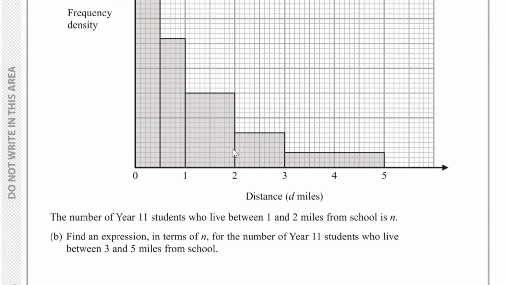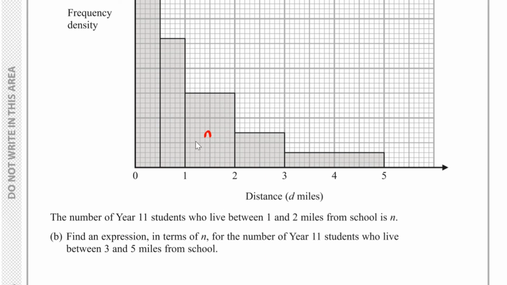So between 1 and 2, the number of students here is n. And if I show that, here we've got n, and what we need to do is find the number of students between 3 and 5 in terms of n.